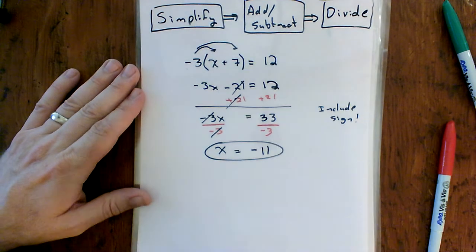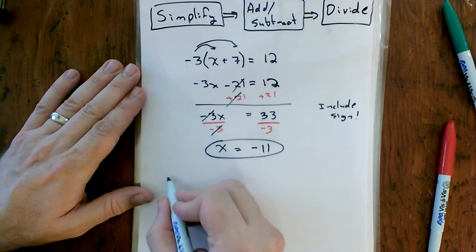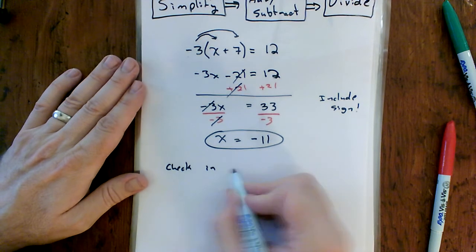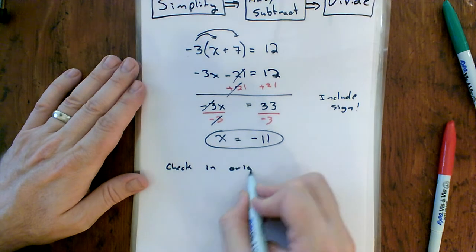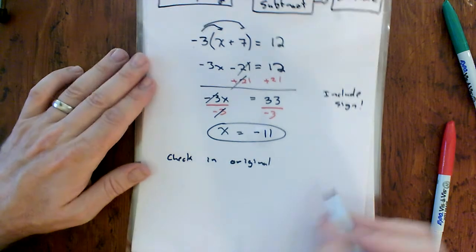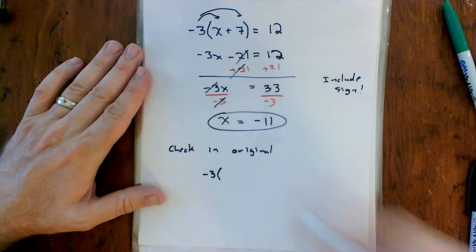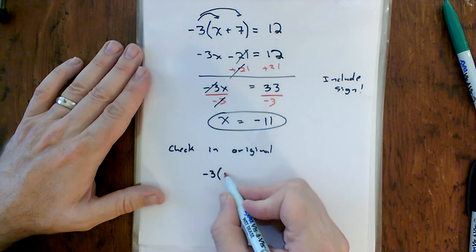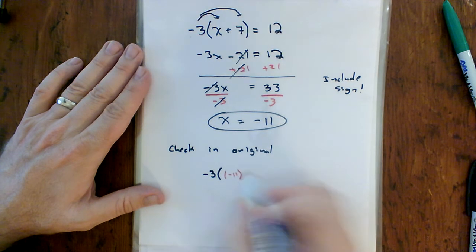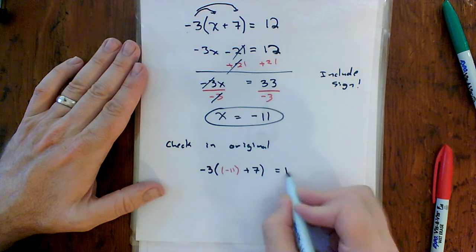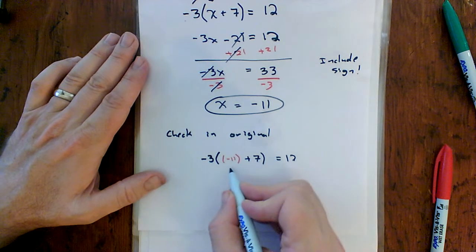And if ever you want to check your answer, you can always check in the original question. So that would be -3. I'm going to go ahead and replace that x with a -11 plus 7 is equal to our 12. And let's see what happens.